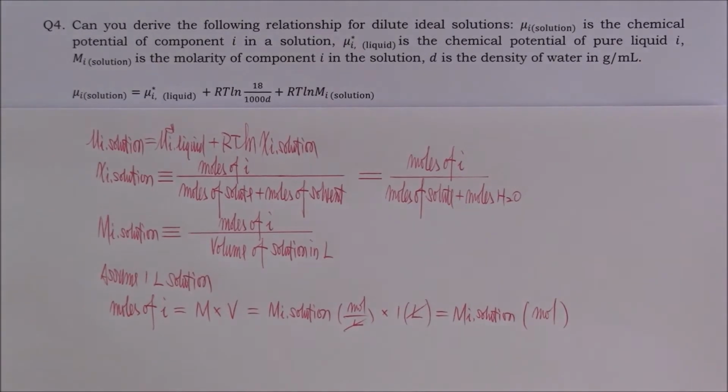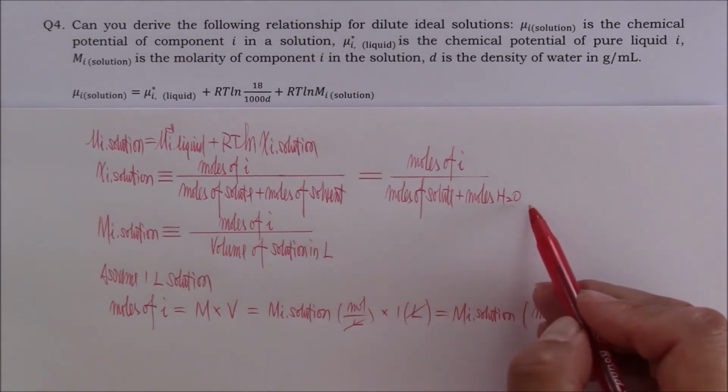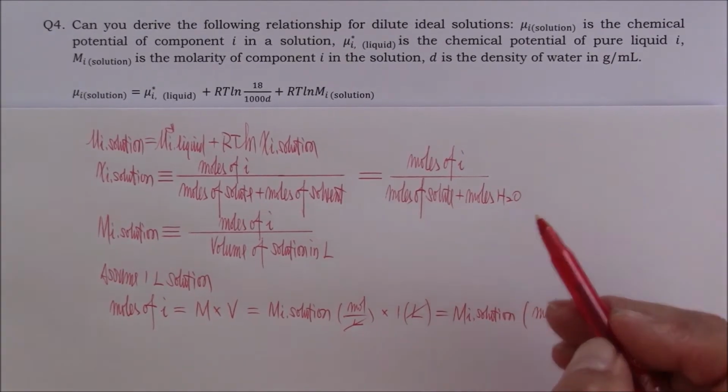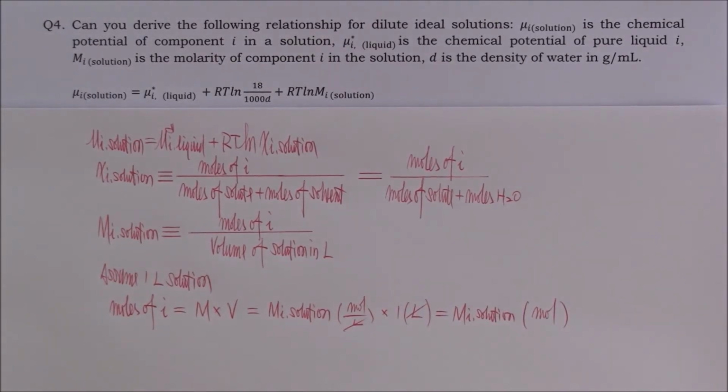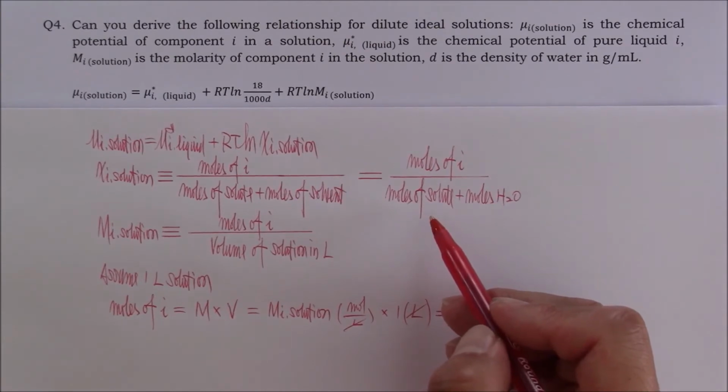Because this is a dilute solution, that means we have a lot less solute than water. Well, in that case, we can assume that the mass of water is approximately equal to the mass of solution. We can also assume that the moles of the solute should be much less than the moles of water.